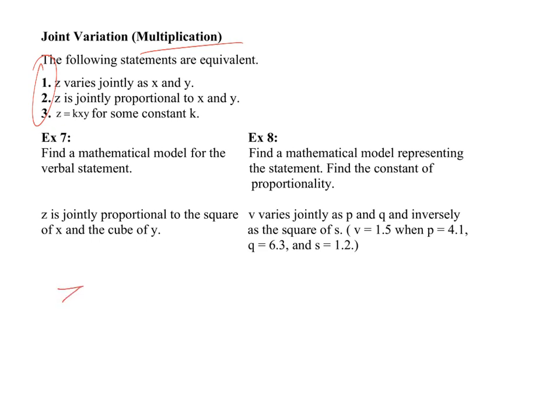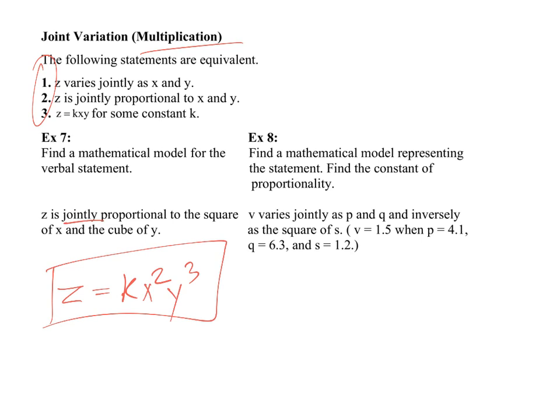Since it says jointly, I'm going to have 2 variables that I'm multiplying. I always have k in the mix. That's my constant. Z is jointly proportional to the square of x and the cube of y. Once again, jointly means I'm multiplying. So that's all there is for that.